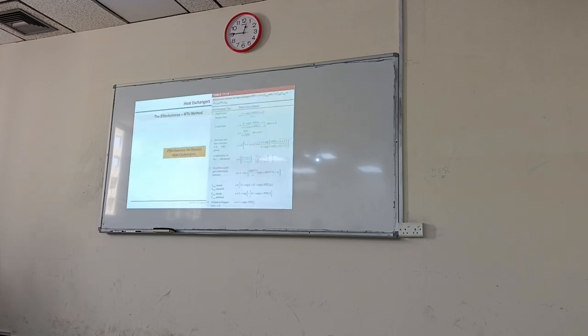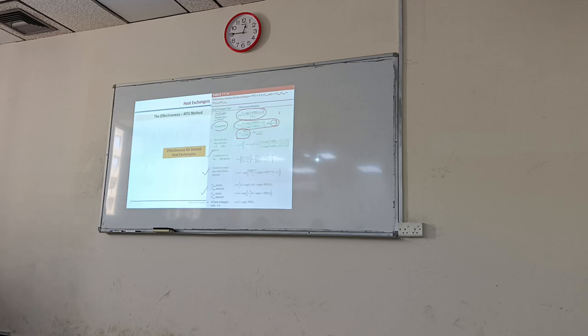Here you see a chart. For a double pipe parallel flow, here is the effectiveness equation. Double pipe counterflow, for C less than 1, small c, and C equal to 1, and so on for all others.